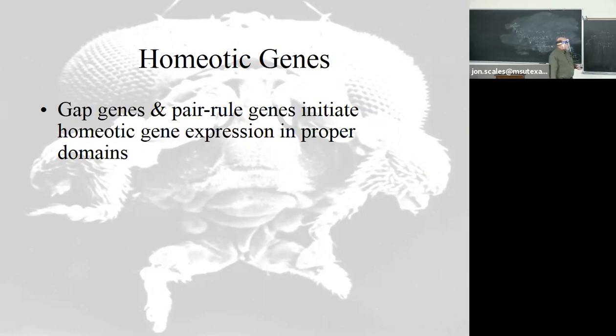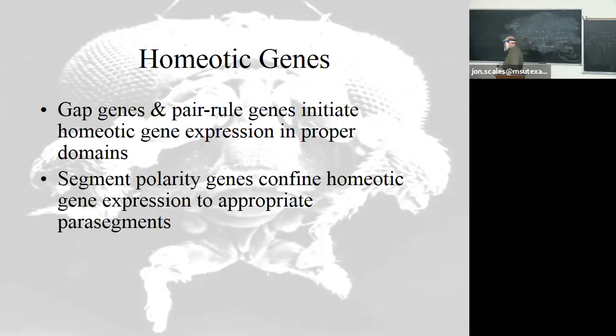So the gap genes and the pair-rule genes initiate the expression of the homeotic genes. They're some of the primary drivers. And then there's another group of genes that I'll introduce in a minute called polycomb and trithorax genes that will modulate them as well. Okay.